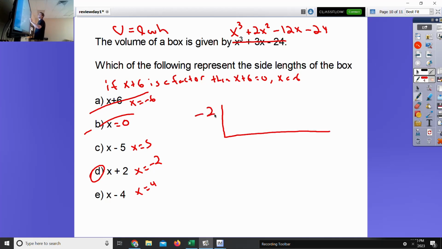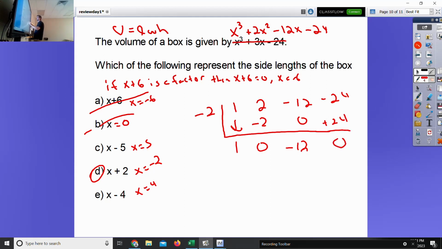See what happens if we synthetically divide out the negative 2. 1, 2, negative 12, negative 24. I drop, I get a 1. Negative 2 times 1 is negative 2. 2 and negative 2 sums to be 0. Negative 2 times 0 is 0. Negative 12 plus 0 is negative 12. A negative times a negative is positive. And there we go.